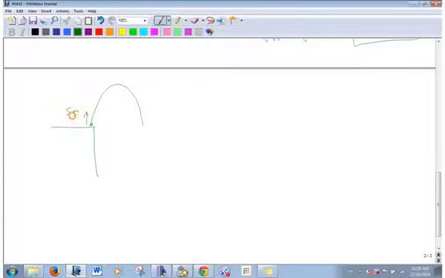It goes up at 5 meters a second. Acceleration is always down at 9.8. That doesn't change. Gravity doesn't change regardless of where this thing is, right? But the whole time it's getting slower and slower and slower until, what's its speed right here?